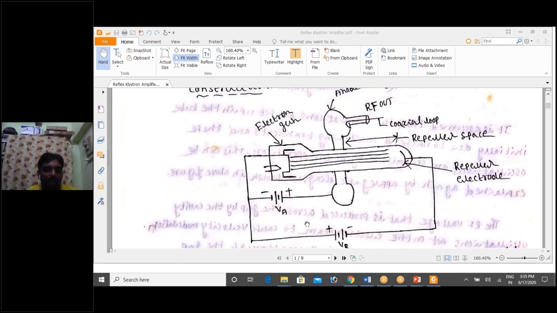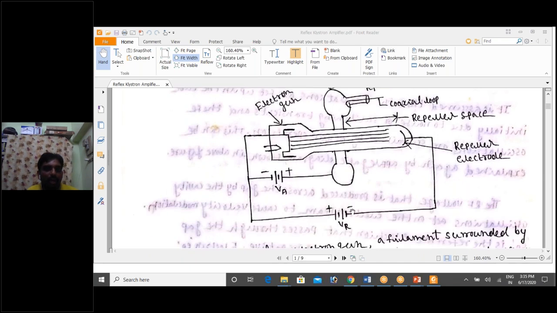Again, you take it here. Previously, we used only the repeller voltage. In the diagram of the two cavity klystron amplifier, on the input side we take from cathode to anode, with an input cavity and output cavity, but input is applied separately and output is applied separately, using a repeller voltage VR only. But in our reflex klystron oscillator, we add an anode voltage.